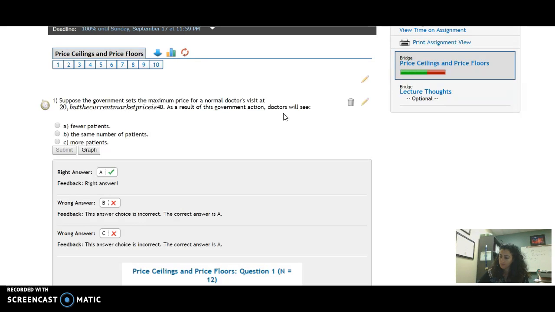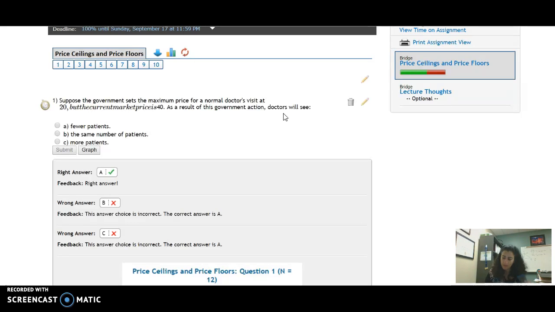I'll show you. I'm just drawing graphs and I will show you them. This is the original equilibrium, and as you can see, doctors will see Q1 patients. This is the equilibrium quantity.